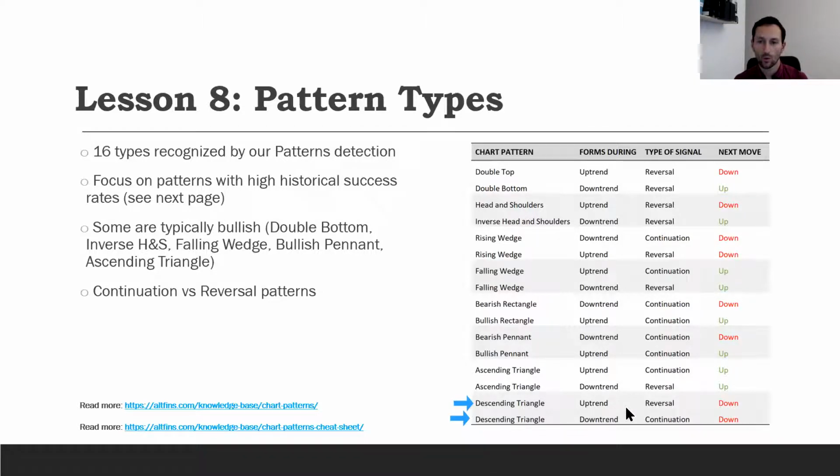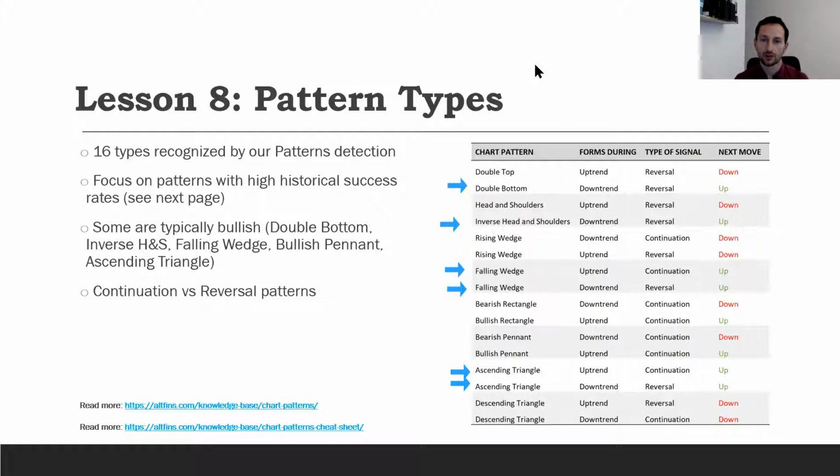No matter where they form, whether it's in an uptrend or a downtrend, they typically resolve down and break down, okay? Whereas certain patterns like the ascending triangle are typically bullish, right? And for a falling wedge as well, typically bullish, double bottom, bullish, inverse head and shoulders, bullish, right?